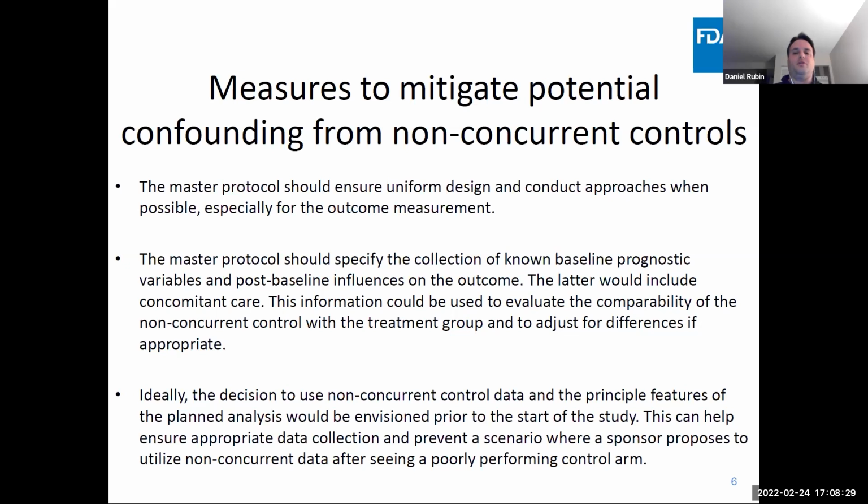This can help evaluate the comparability of treatment groups and allow for adjustment for confounding when and as appropriate. And ideally the analysis should be pre-specified to the extent possible, with the recognition that there are some complexities with doing this in master protocols.